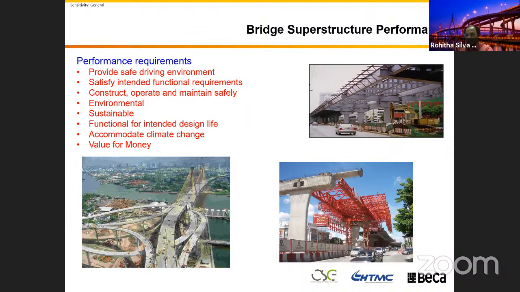Another thing, in my presentation last time, in the last slide, I gave a lot of links. If you go to one of the links, it's the concrete specification used by the road agency in New South Wales, called B80.